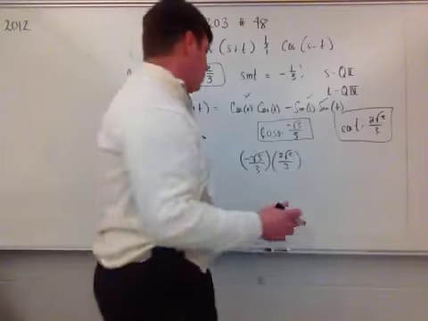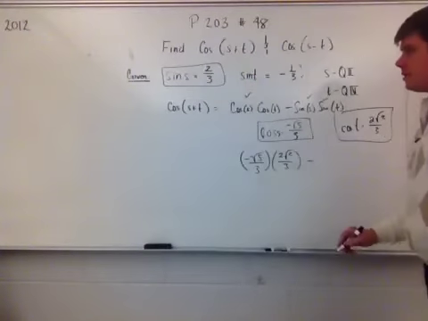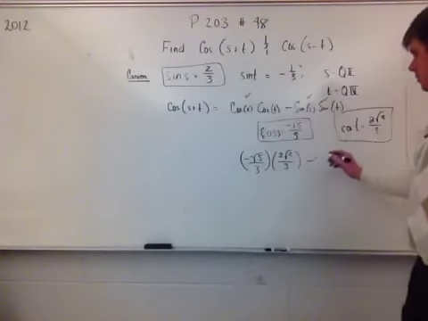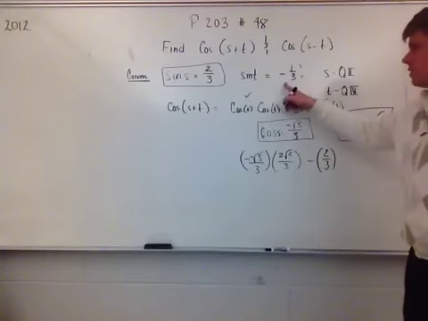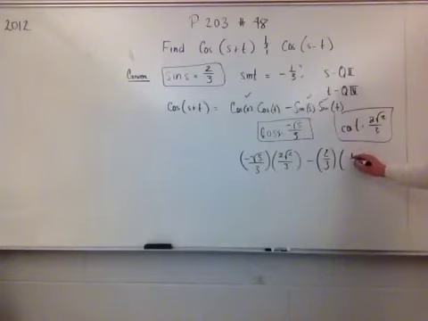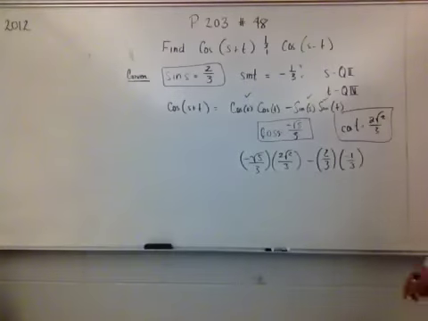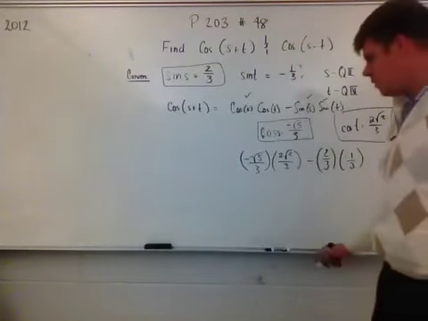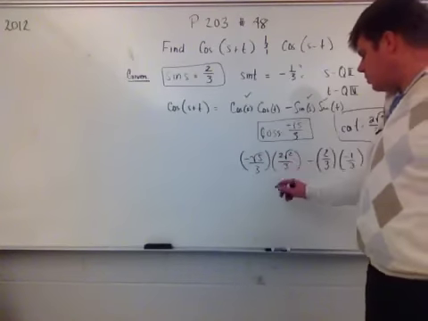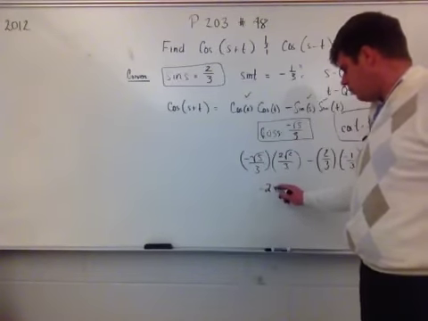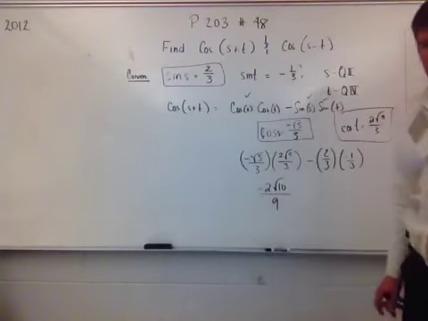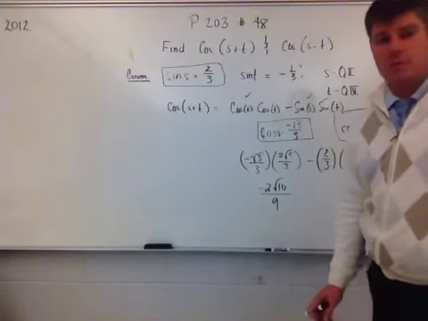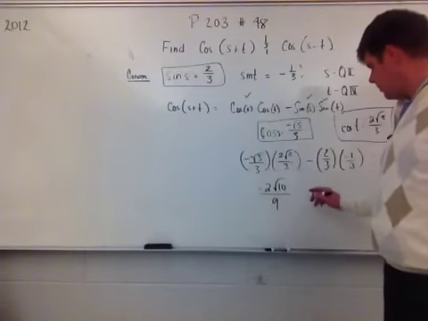And then I'm going to continue on with this, and I'm going to subtract from that the sine of s, which was 2/3, times the sine of t, which was negative 1/3. So all I'm going to do now is simplify this. Negative 5 times 2 is negative 2 root 10, all over 3 times 3, which is 9, some basic algebra 1 and pre-algebra skills, multiplying fractions.